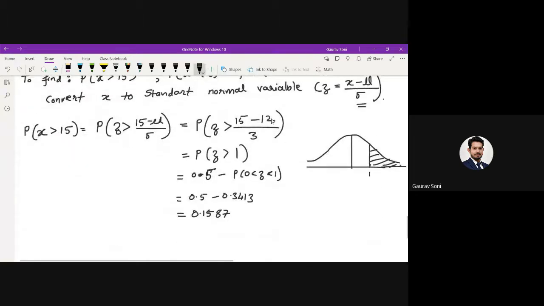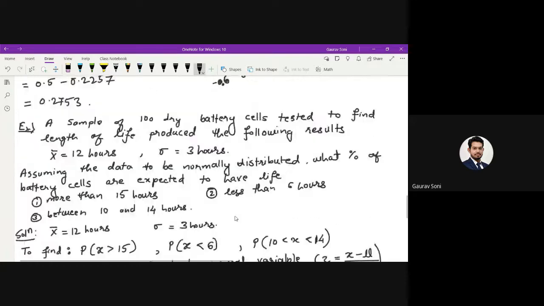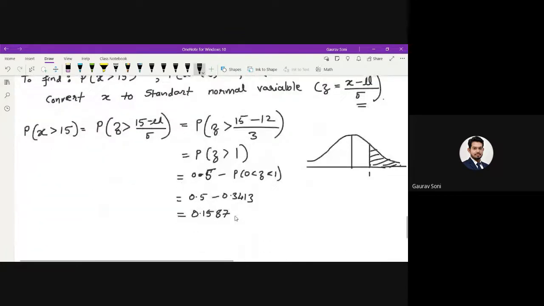The probability that a single battery cell will last more than 15 hours is this. So what is the percentage? 15.87%. 15.87% of battery cells.